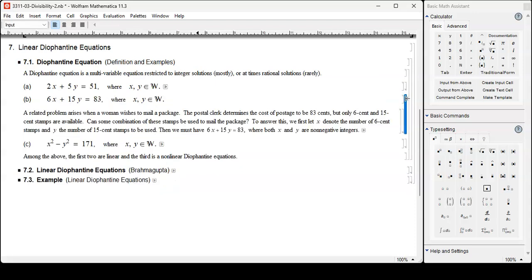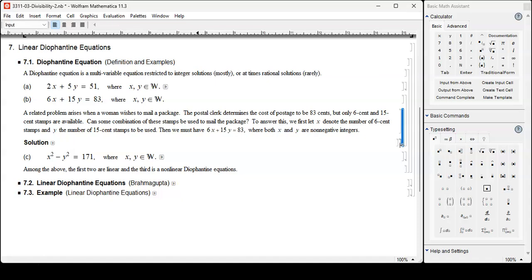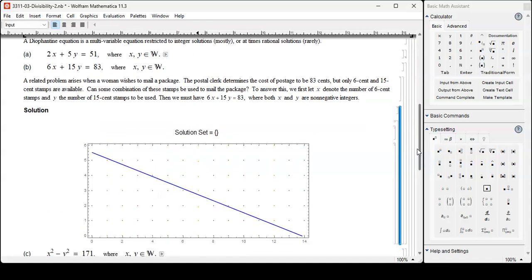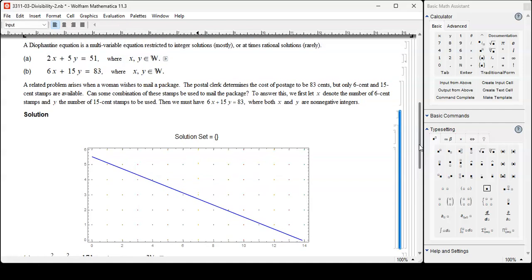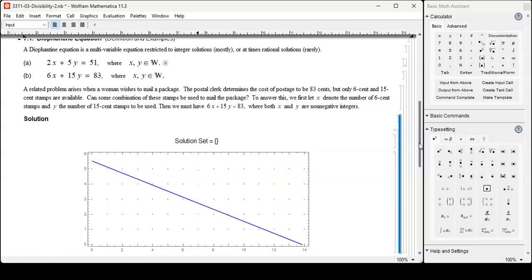Here's an example that has no solution. 6x plus 15y equals 83 is this blue line, and in the first quadrant, there's no solution. Actually, you can prove that there's no solution at all in the entire Z, but at least in W, you can check manually.